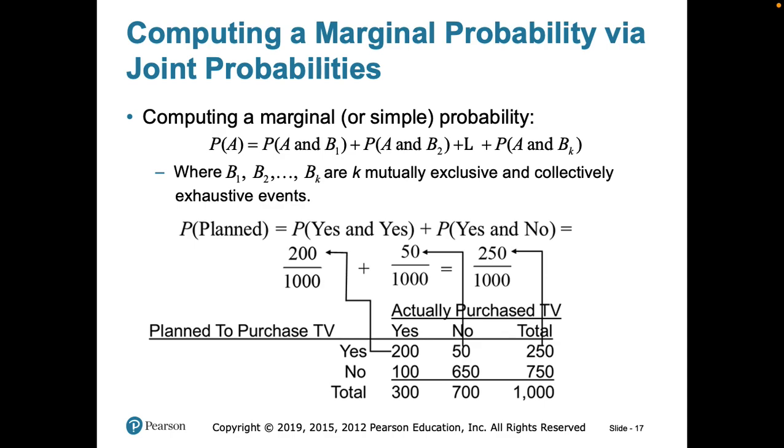So to put this into simple words, the probability of people that plan to purchase a TV equals the probability of yes and yes, so that they plan to purchase the TV and they actually purchase the TV, plus the probability of those who purchased the TV but did not plan on purchasing it. That's how you get the 200 plus the 50.